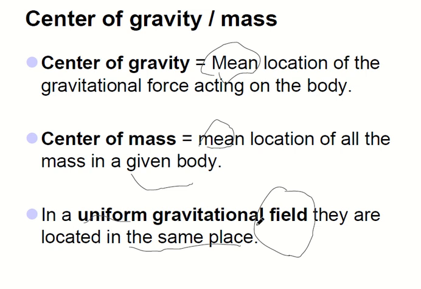So in a uniform gravitational field, they are located in the same place. Make sure that you get center of gravity and center of mass. They are not the same. What is the difference? Gravity is force, and mass is mass. And of course, we are making sure that we know we're dealing with the average.